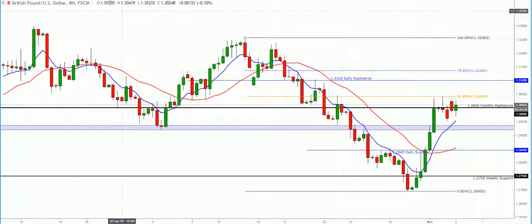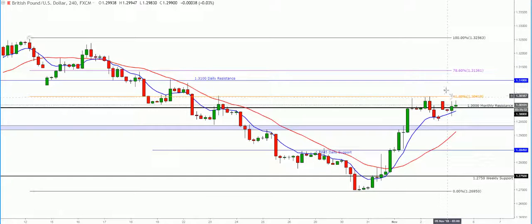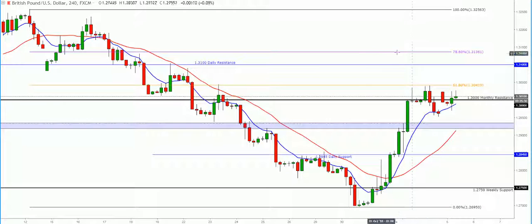So again, seeing how price responds to this refined region, 1.3100 sits right within that, but similarly 1.3070 could be a region that we reverse from.